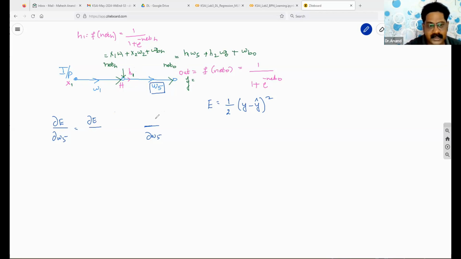So we are breaking into three components. To get those three components, what are you going to do? We multiply and divide by the derivative of out. If you multiply and divide by the derivative of out, this cancels and still dou E by dou W5 remains mathematically valid. Similarly, again multiply and divide by dou net at the output.